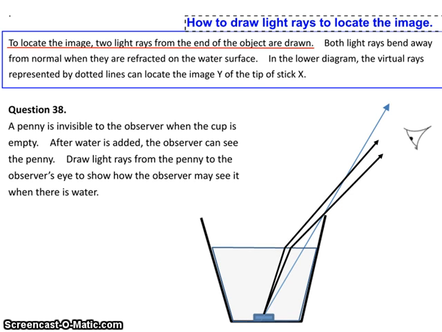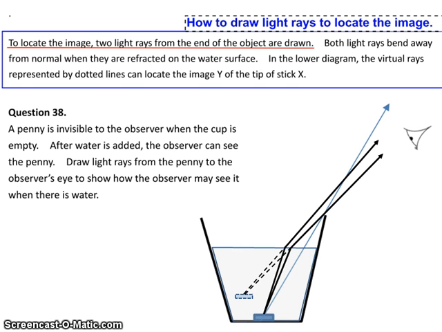When water is added, there can be two light rays, like these two, that bend away from the normal. And then the next step is to draw virtual rays with dotted lines. And the intersection of the virtual rays is the location of the image.